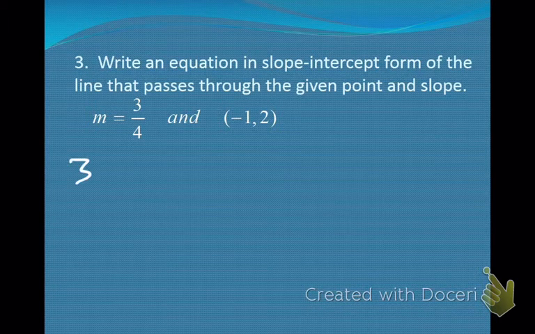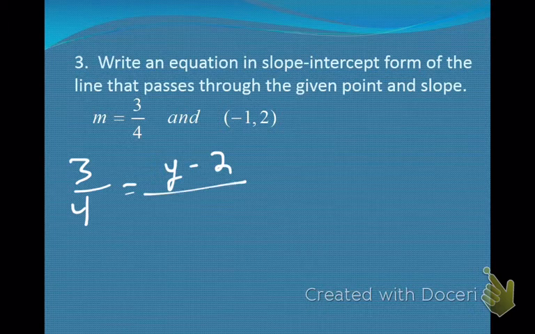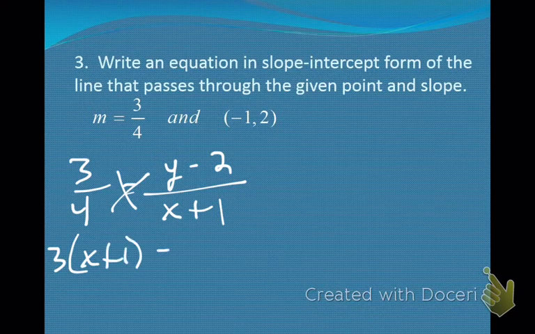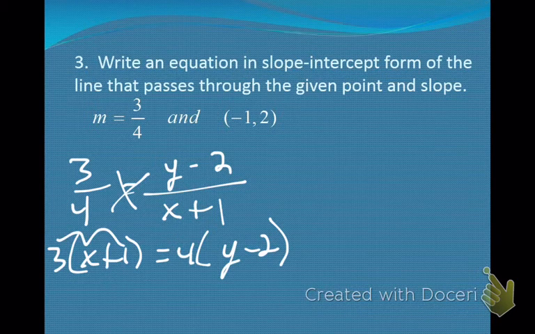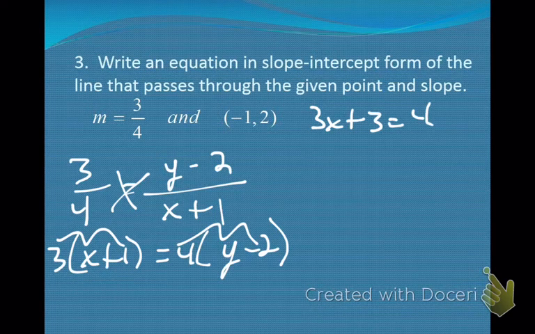Okay, so what'd you come up with? You should have 3/4 equals y minus 2 over x plus 1. Then we cross multiply. And then we distribute here and here. We get 3x plus 3 equals 4y minus 8.